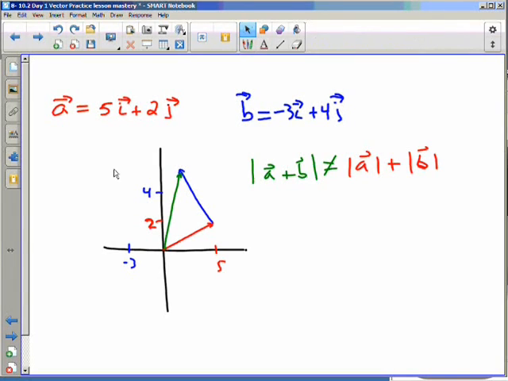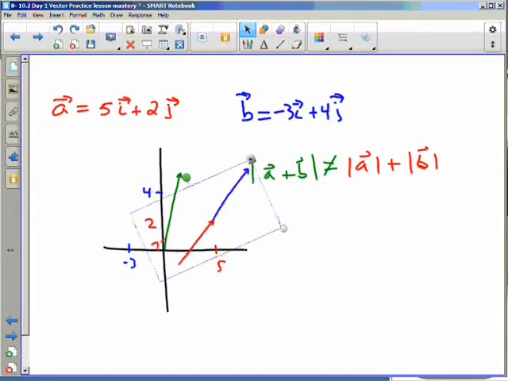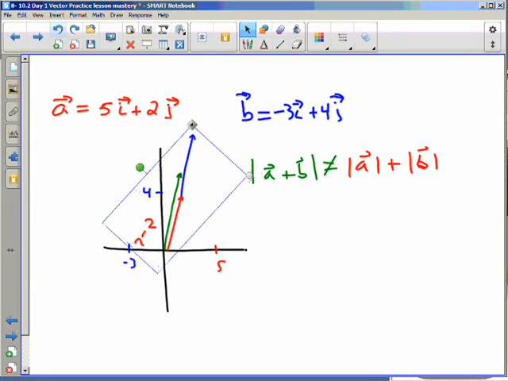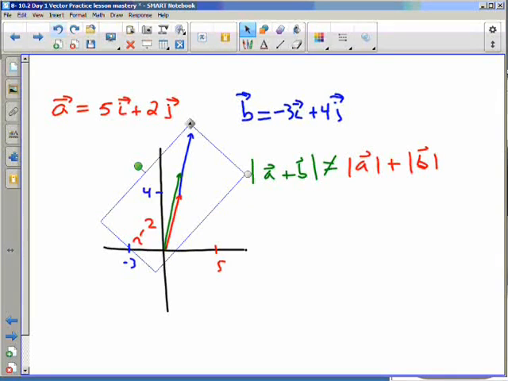In fact, you could even say that you know which one will always be longer once we just take a quick look here. If I were to group these guys together and set them along this same path here, you'd see that the sum of the parts has to be greater than the magnitude of the addition first.